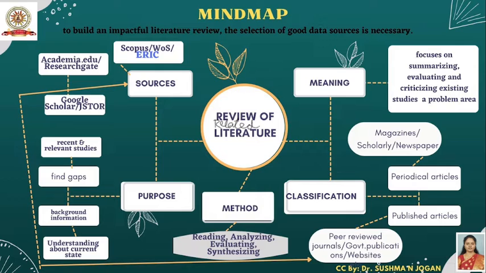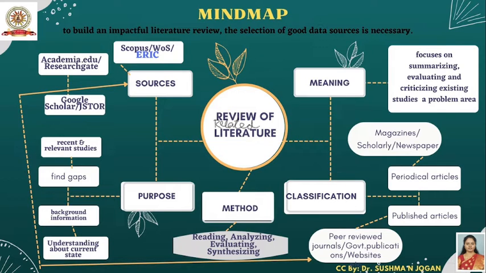So these are also called e-journals. You may also get government publications, that is, published articles done through the government. For example, government schemes, government programs and policies can be published with the help of government publications. As well, you can also see different websites.